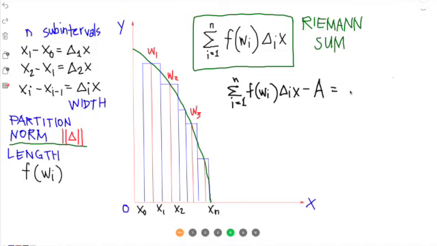And how can we do that? We can do that by letting our norm be as small as possible, or in other words, letting our norm approach zero. So imagine, let's say x1 minus x0 is our norm, and this is the rectangle produced, and we have this much protrusion here.